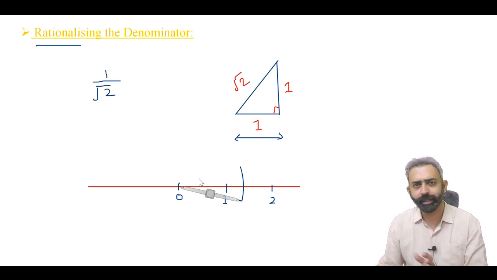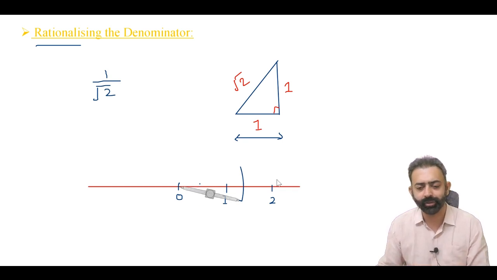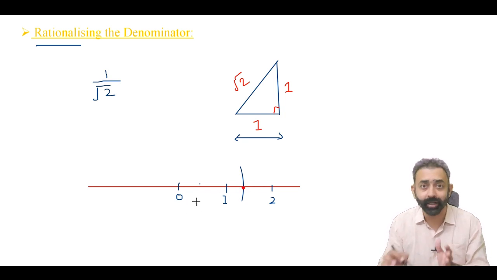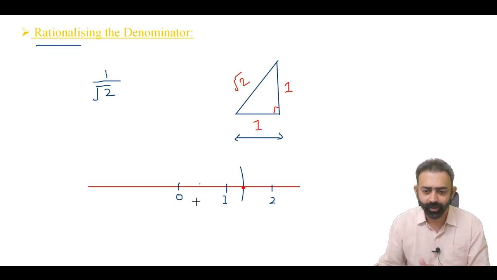And if I take the number line as my ruler on the horizontal line, and this represents 1 unit, this represents 2 units, then the point of intersection of this arc on the number line gives real lengths, meaning these are in meters, they exist in nature. So this will come out to be approximately 1.414 something.